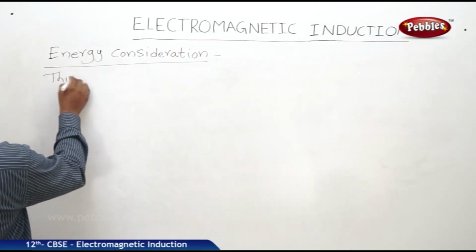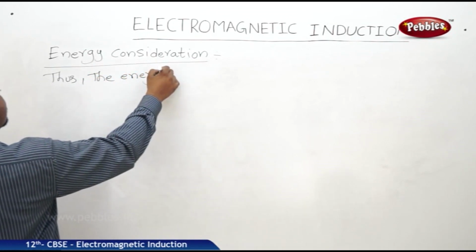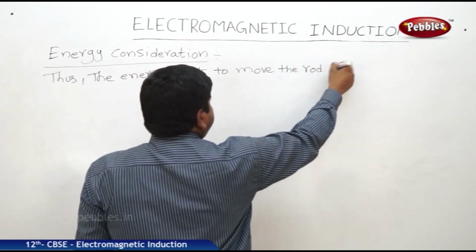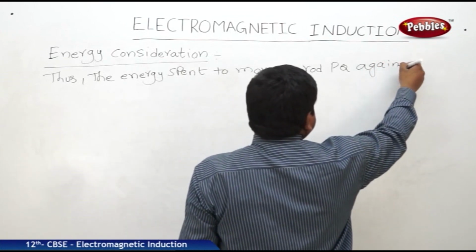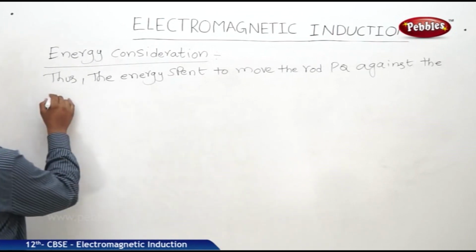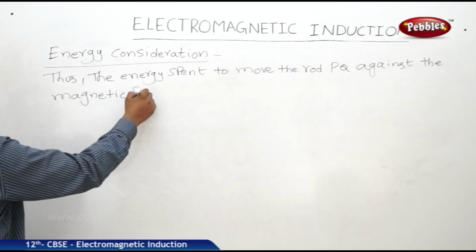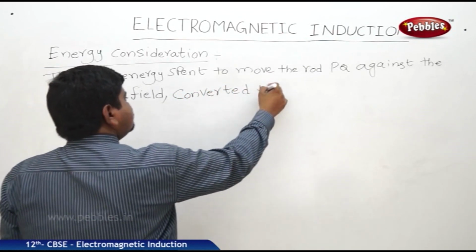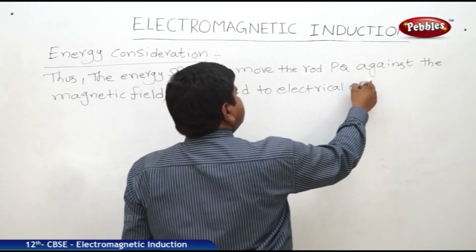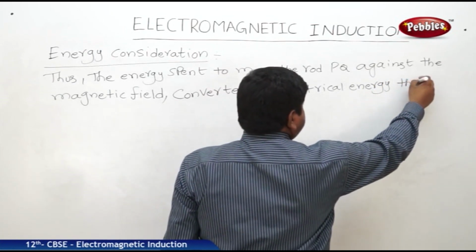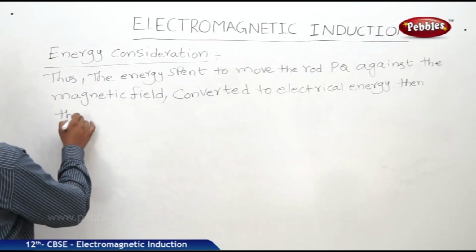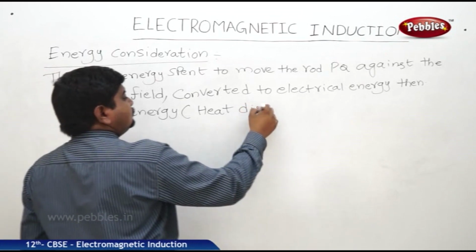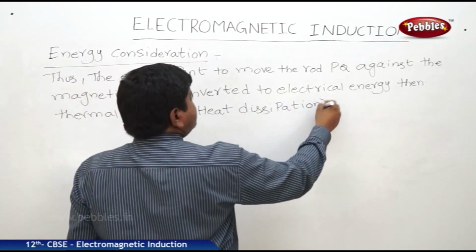So what we can write, thus the energy spent to move the rod PQ against the magnetic field converted to electrical energy, then thermal energy, nothing but the heat dissipation. So we can think like this.